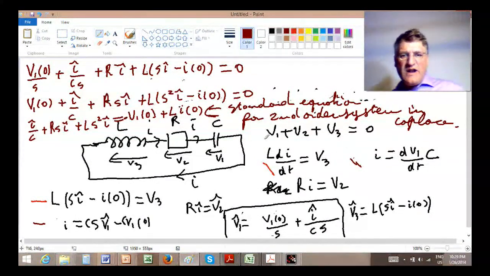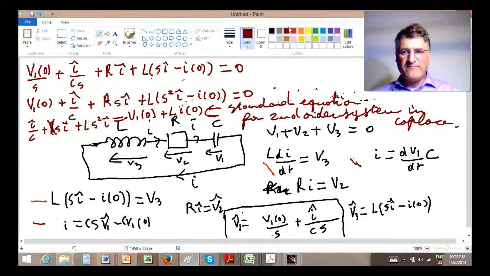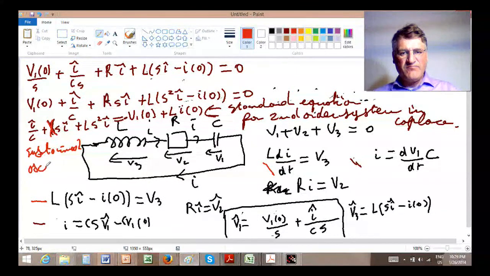Okay? Now I let you think about what happens if, for example, there is no resistor in the circuit. You should be able to find that this corresponds to sustained oscillation.